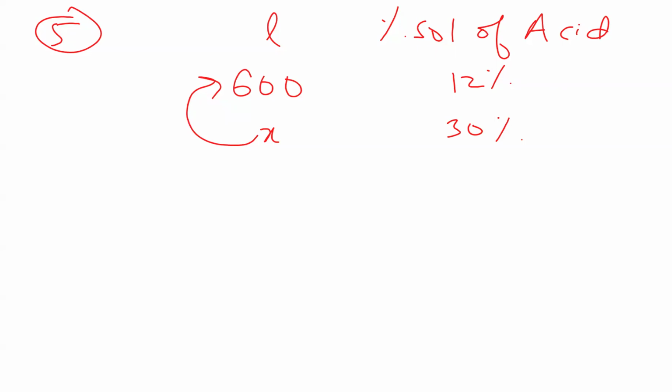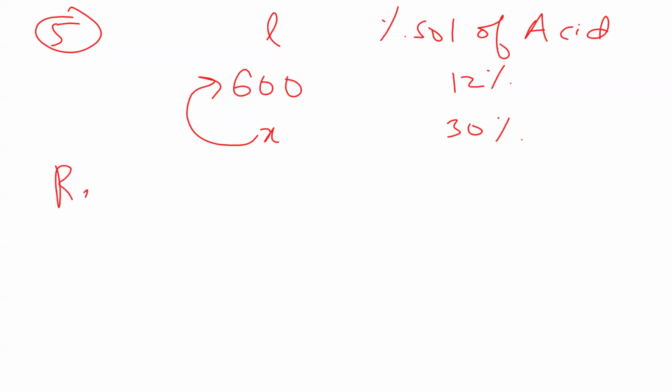Did you understand that? Yes, sir. Okay, now we'll proceed further. The acid contained in the resulting mixture will be more than 15%, but less than 18%. So what is the resulting mixture?